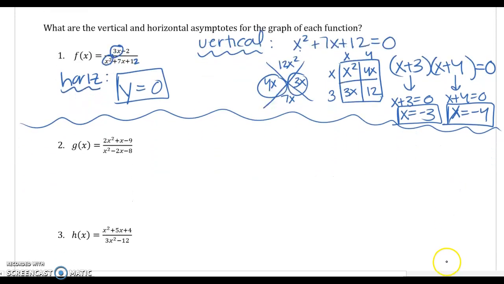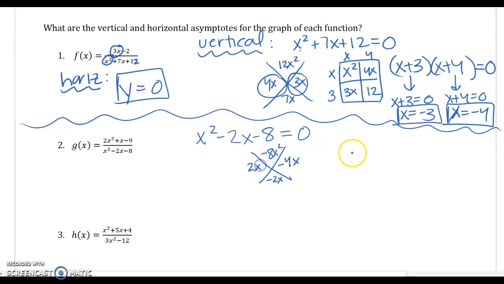For our second example, we'll set x squared minus 2x minus 8 equal to 0. Do our x box, so ac is negative 8x squared, negative 2x. We need numbers that add to negative 2 and multiply to be negative 8. So we have negative 4x and 2x. Use our box. We have x squared, negative 8, negative 4x, 2x.